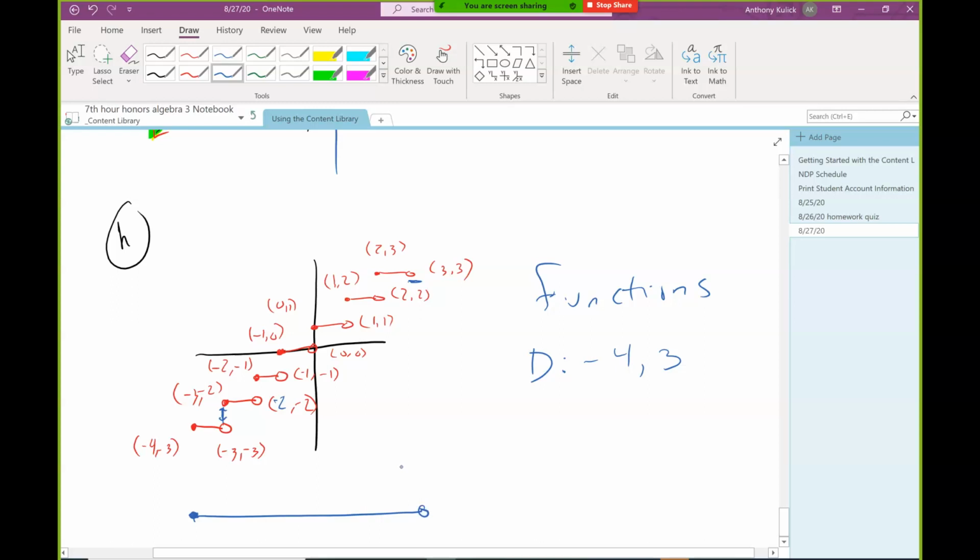Does everybody kind of see that? If I just squish that all down onto one line, the open circles get filled by the closed circle that's directly above it. Everybody kind of see that now? That's maybe a nice way to visualize this. So the -4, parenthesis or bracket, and the 3 gets a parenthesis because it is open still at the end.